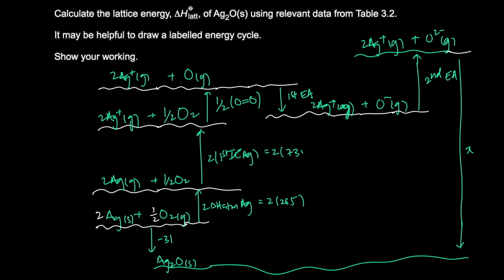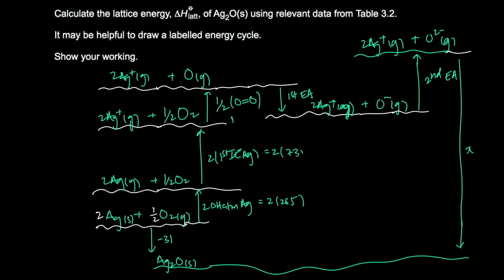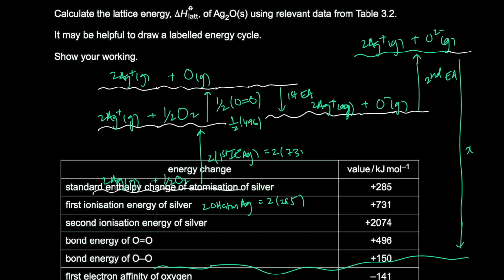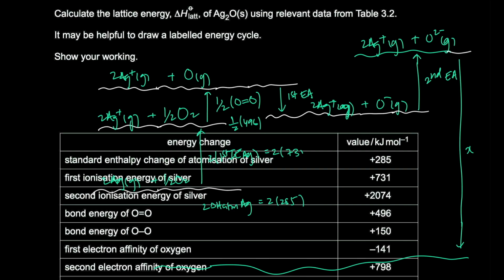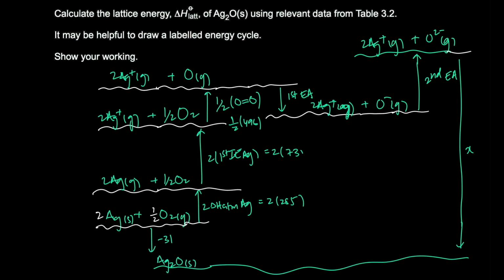The bond energy of oxygen is 496, so we have 1 half times 496. The first electron affinity of oxygen is negative 141, and then the second electron affinity is positive 798.